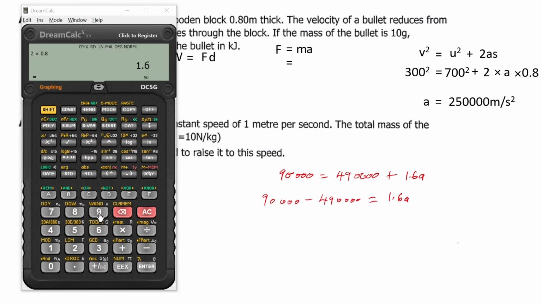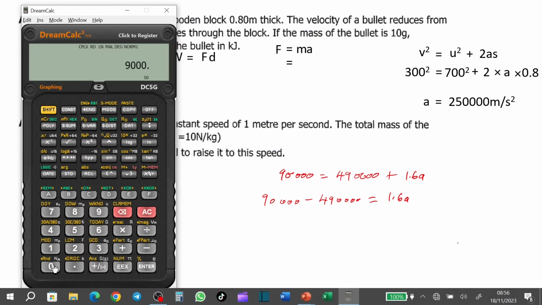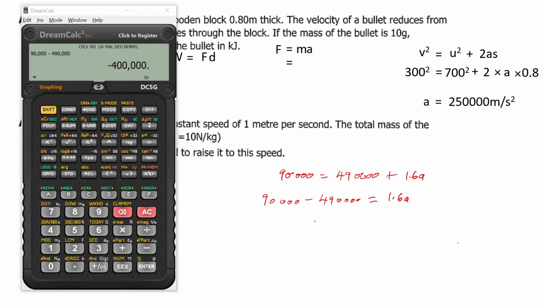If you say 90,000 minus 490,000, you get negative 400,000, equals 1.6a. Now what you are interested in is a, so you divide by 1.6 on both sides.